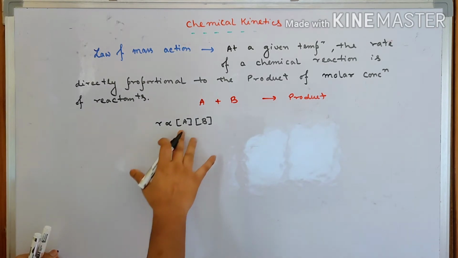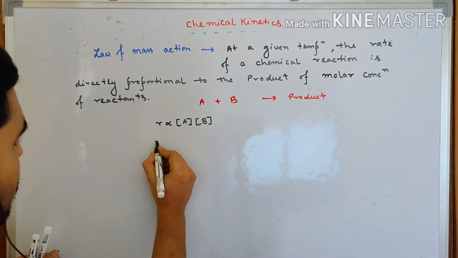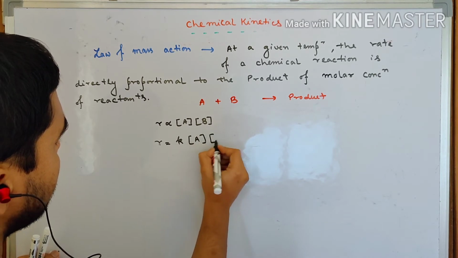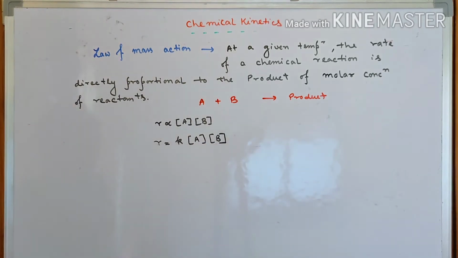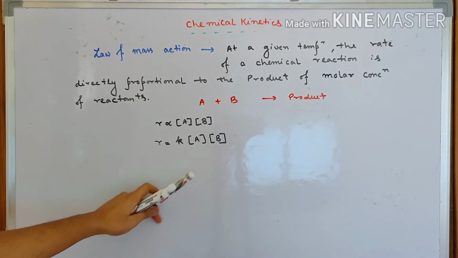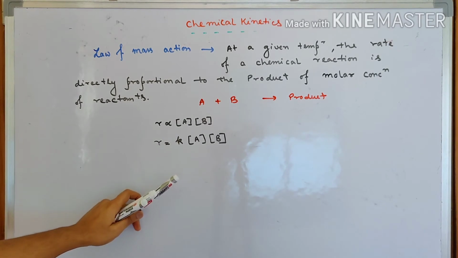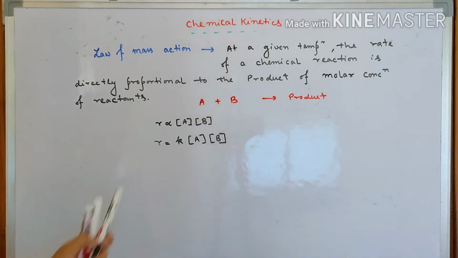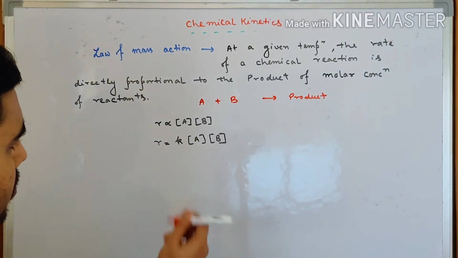That means it is multiplied. To remove the proportionality, we can write K into A into B. This is how the law of mass action is written. A and B are the molar concentration of the reactants, and K is called the velocity constant or the rate constant to measure the reaction. So it is called the famous rate constant.